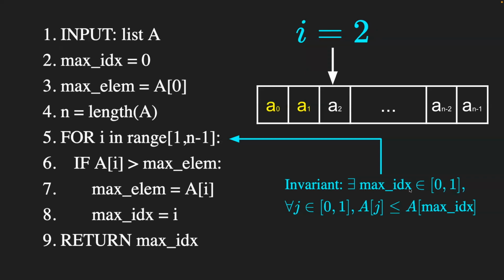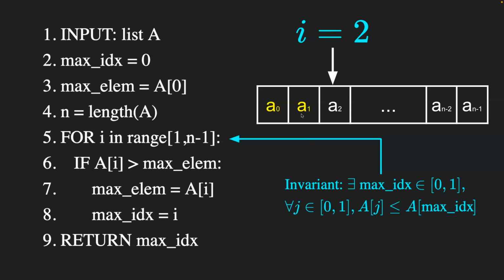So now I'm saying there exists a max index in the range 0 to 1, such that for all indexes 0 and 1, the values in these spaces are going to be less than or equal to the value of my max element, right?